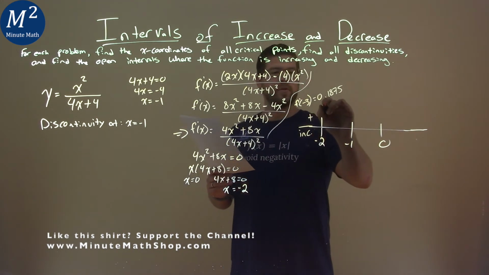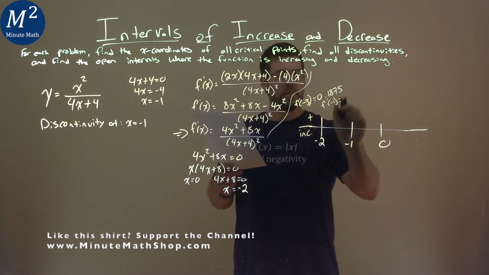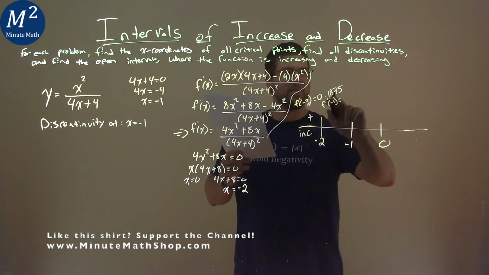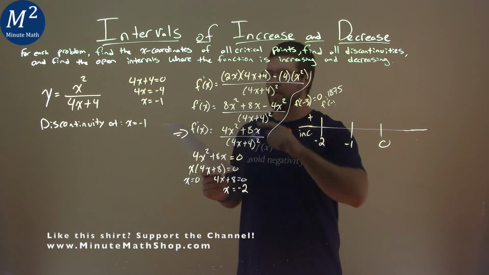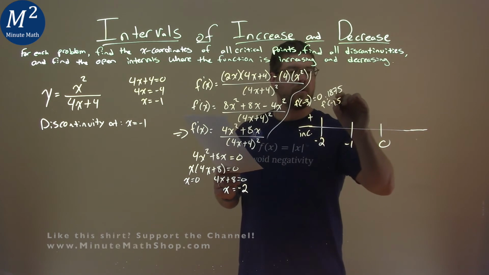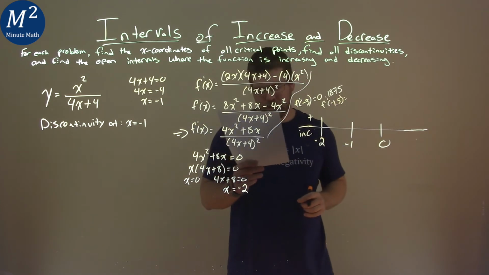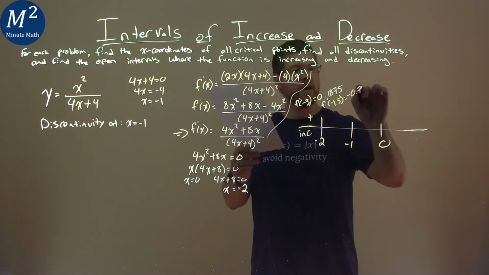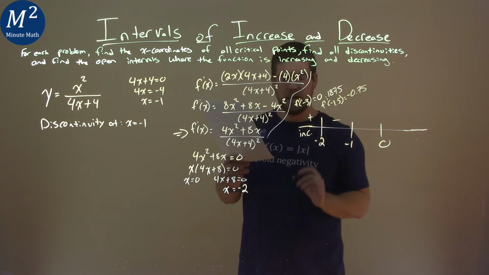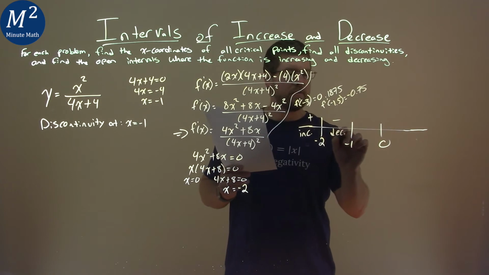Same thing, plug into our derivative: f prime of negative 1.5. See, we can't actually pick the critical value or the discontinuity here. We want to pick something in between. So f prime of negative 1.5 is negative 0.75, and again, we just care about the negative. Negative right there, we're decreasing.